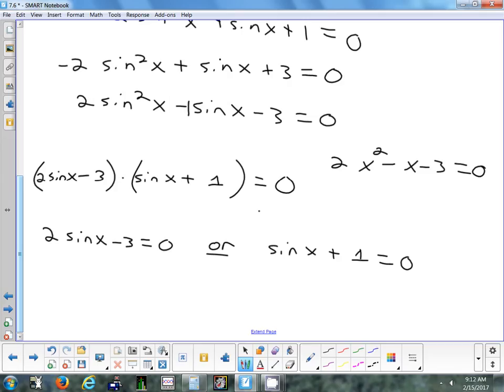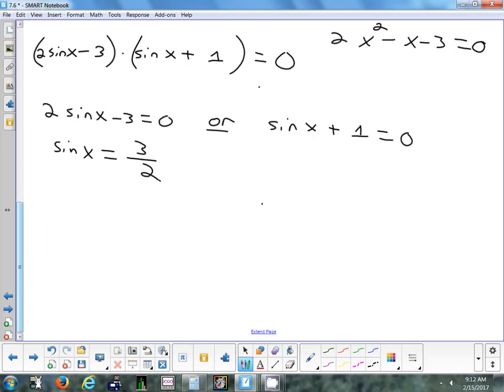Okay, let's start with the one on the left. What would be the two things I would have to do to get sine x by itself? Add 3 to both sides and divide by 2. Yep. What's 3 divided by 2 as a decimal? 1.5.